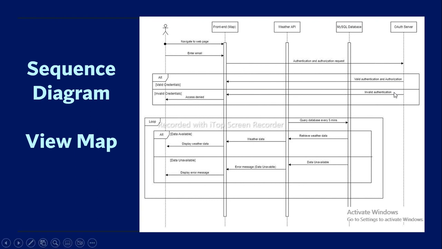If the credentials are invalid, the authorization server will pass data saying those credentials are invalid and this is an invalid authentication. Then let's see the else part, which is the access denied part.